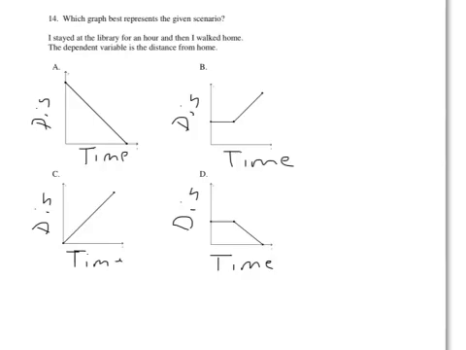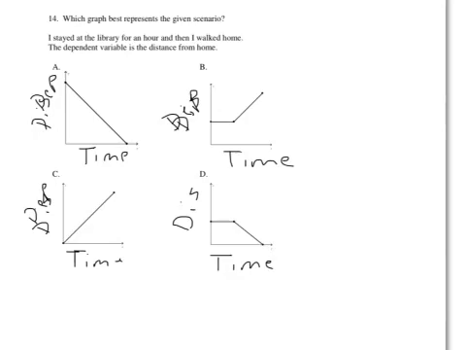Okay, it says, I stayed at the library for an hour. So if I'm staying somewhere for an hour, is my distance changing? No. So here I see that immediately he's walking home. Okay, so the distance from home is going down as he walks home, right? He's getting closer. So if we were a mile away and this is 0, we're getting closer to home, so the distance is decreasing.